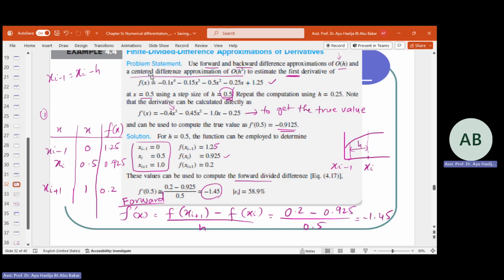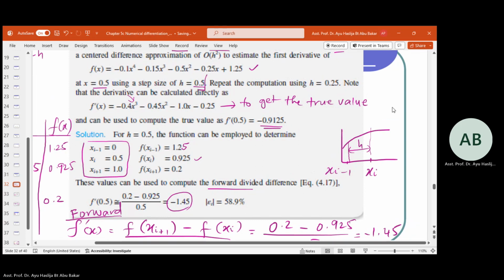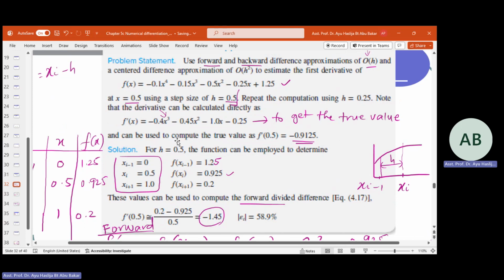Okay, this one from the textbook example asks you to find forward, backward, O(h), and centered O(h^2). Okay, this is first level, both for forward, backward, and centered.